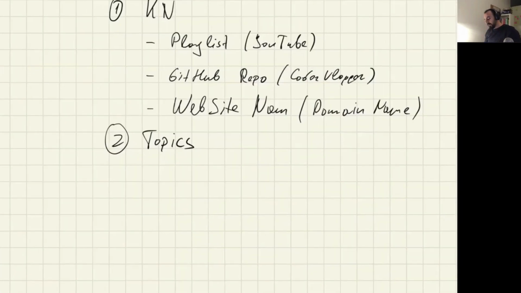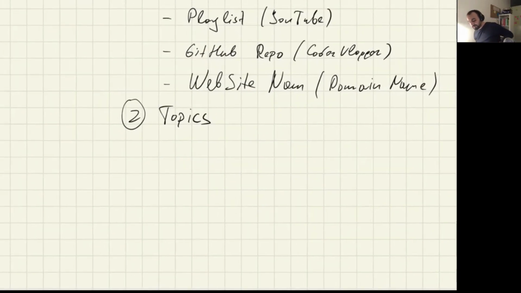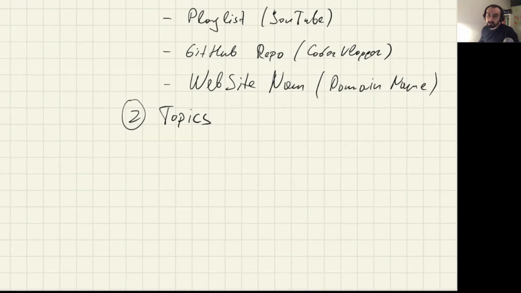In terms of topics, this project is quite interesting, and that's why we will have different kinds of topics. Some of them will be review topics. For example, I use Kubernetes, and also there is a tool called K9S.